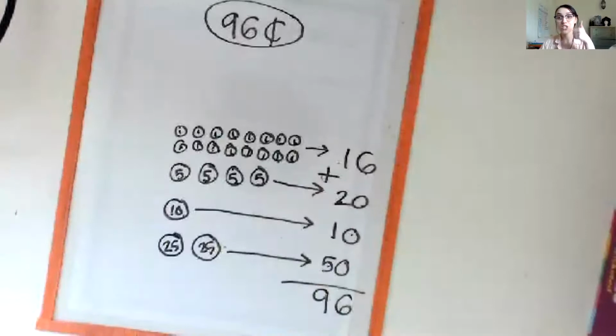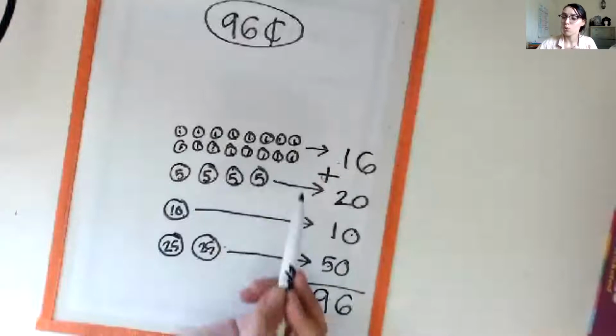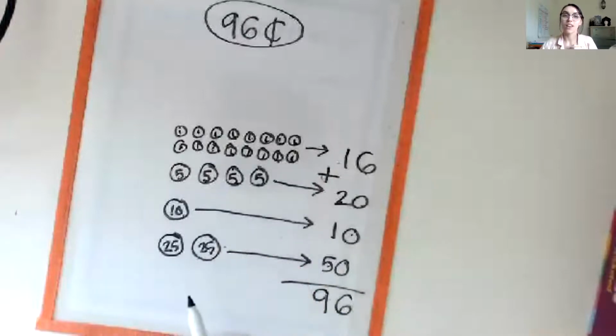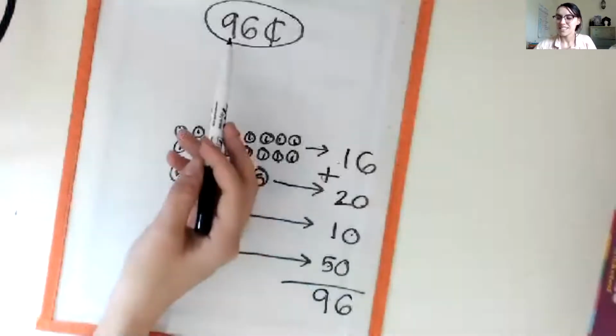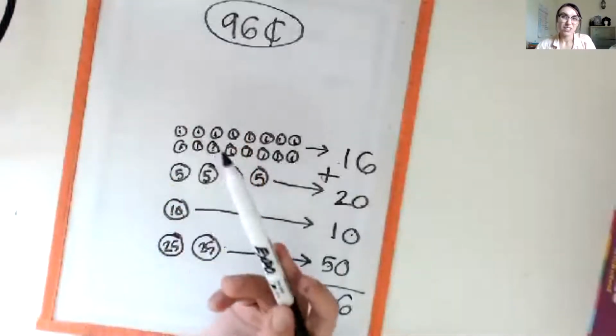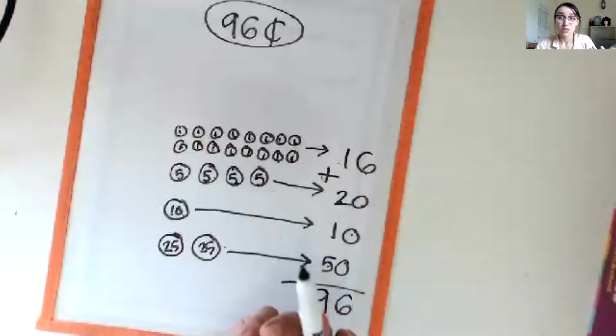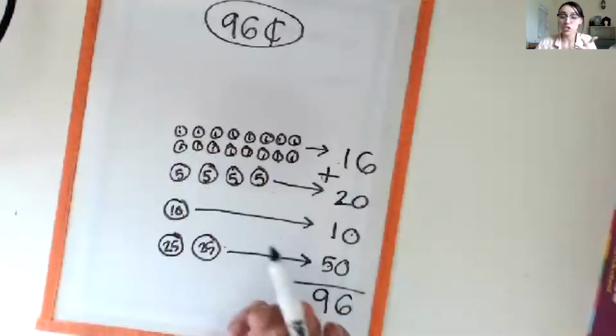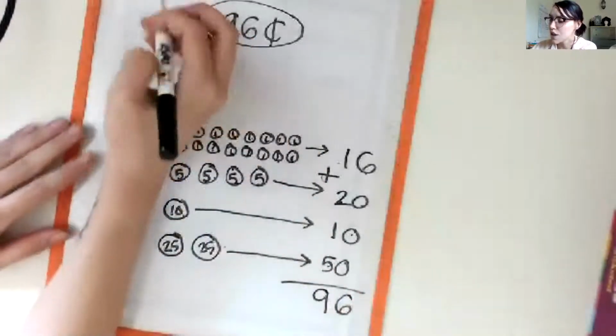So we've finished the R in RDW because we read the problem together. We finished the D in RDW because we drew a picture of our coins. Now it's time for the W, the writing part. 96 cents. What? Luna didn't have 96 cents? She had 96 cents that she spent? Where did she have the 96 cents?